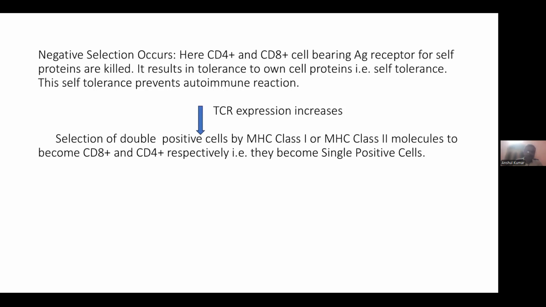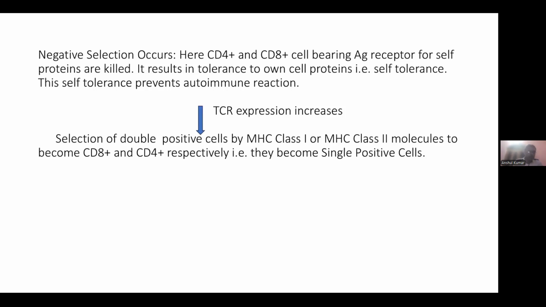After that, TCR expression increases and selection of double positive cells by MHC class 1 or MHC class 2 molecules makes them become CD8 plus and CD4 plus respectively. That is, they become single positive cells.